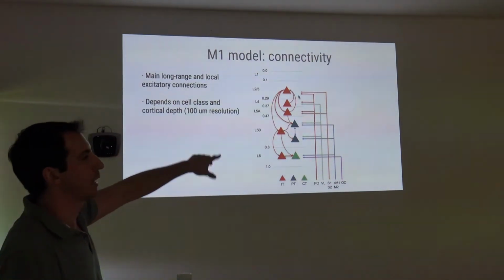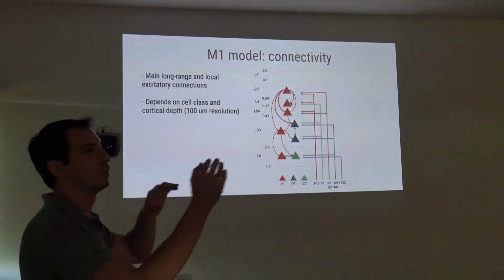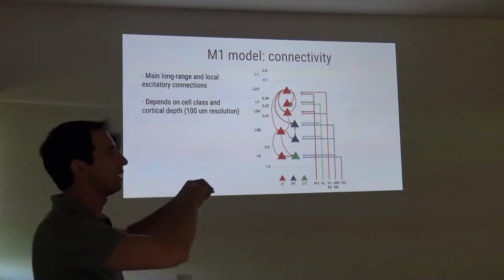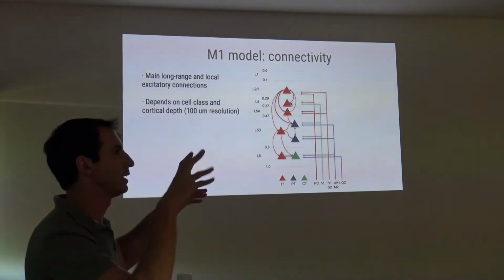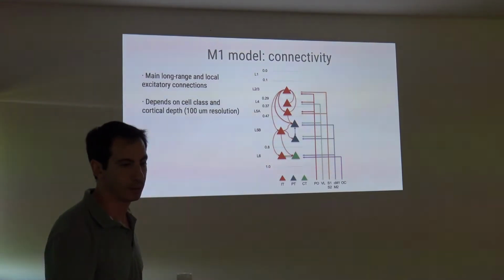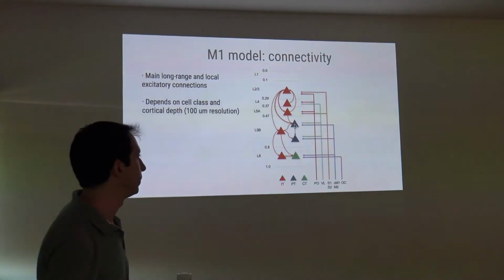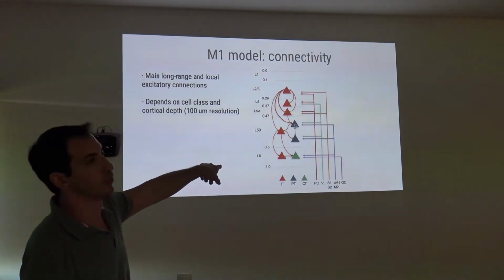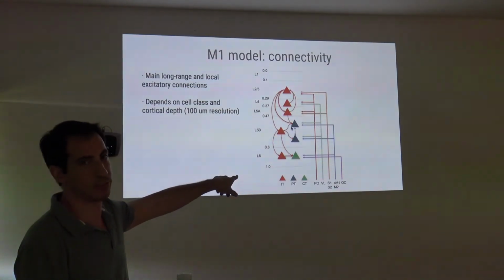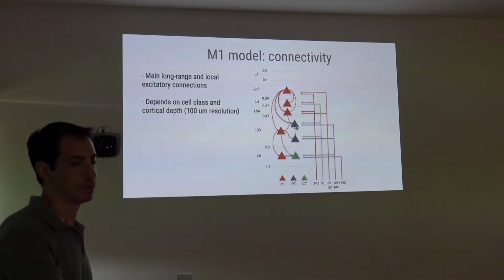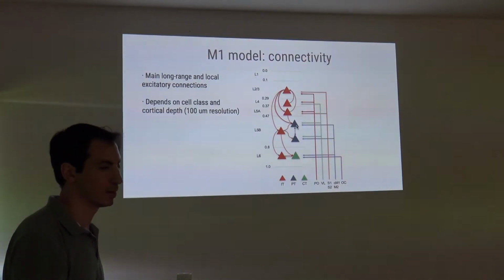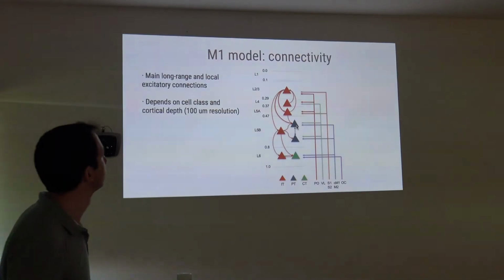So you have this recurrent connectivity at the top, which is sort of cells communicating with each other and across cortex to process information about the sensory inputs. And then this very strong connection coming from layer 2-3 to the PT cells, and particularly to the upper half of layer 5B. And remember these PT cells, the blue ones, are then projecting down to spinal cord.